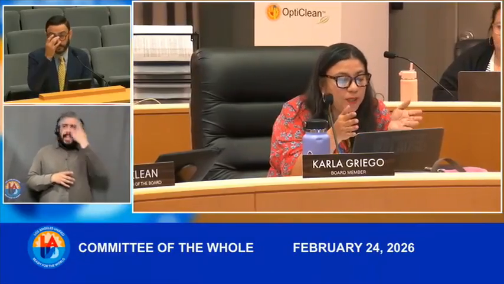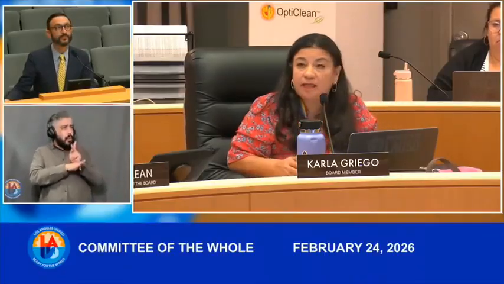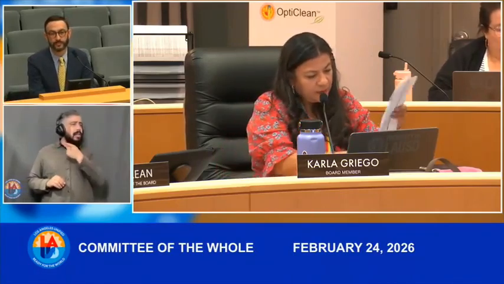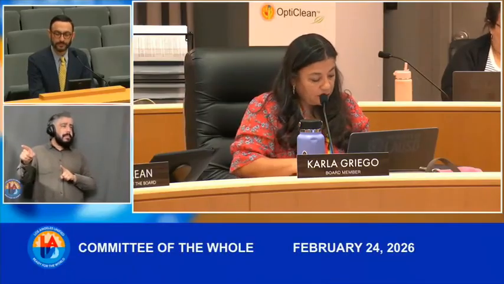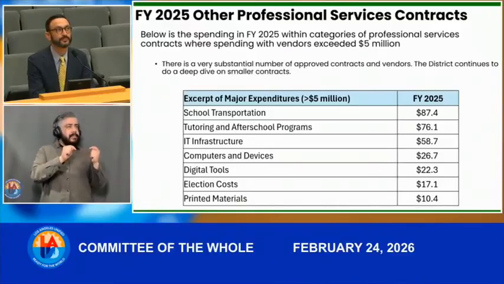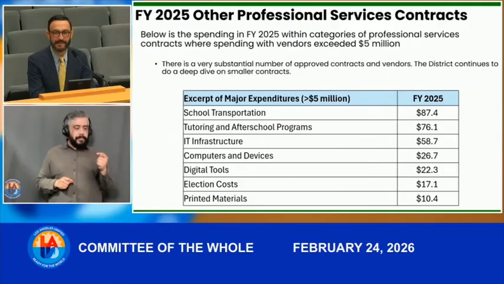I don't know if this has been asked, but the tutoring contracts and after-school programs, are they separated? I think it's in slide 11 that it comes up, where you talk about tutoring and after-school programs.